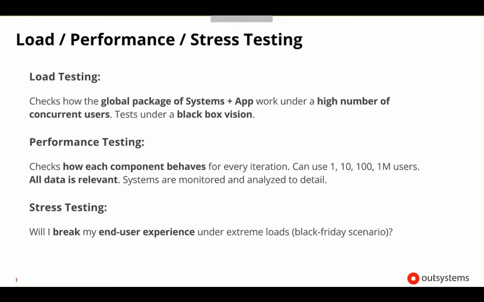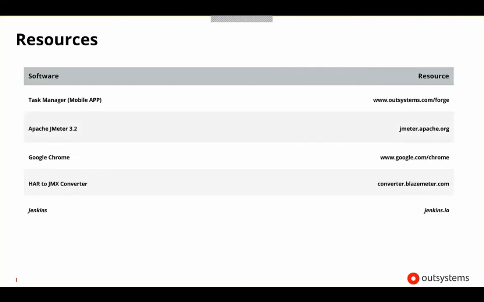Yeah. So now the resources. What are we going to use for this webinar demonstration? Like I said, I'm going to use the Task Manager mobile app from OutSystems Forge, the Apache JMeter 3.2 that was released a couple of weeks ago from jmeter.apache.org, the Google Chrome browser, and a converter. I'm going to use an online converter from BlazeMeter, but I'm going to show you also the possibility of converting some files offline.